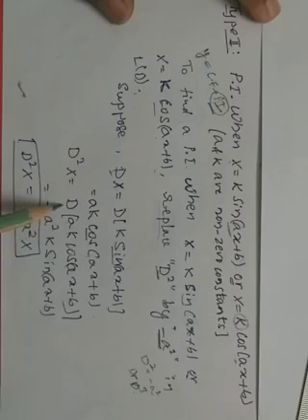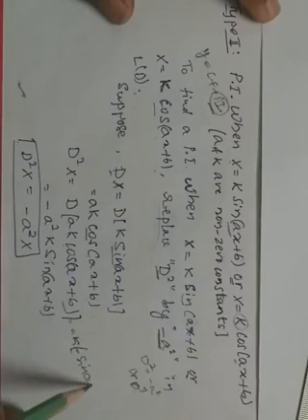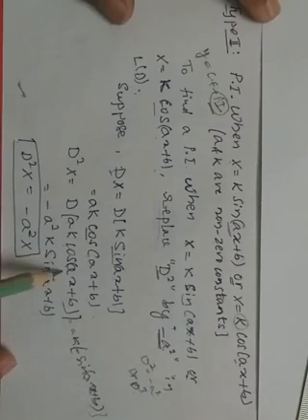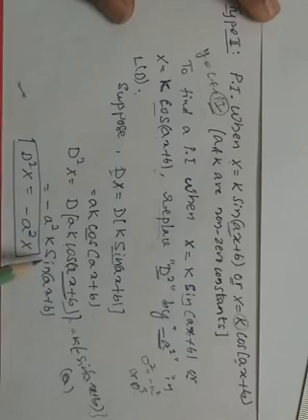Now a and k are constants, so we keep them as they are. The differentiation of cos is minus sin(ax + b), into the differentiation of the angle ax + b, which becomes a, because b is constant and its differentiation is 0. So a into a is a square, and it becomes minus a square k sin(ax + b).